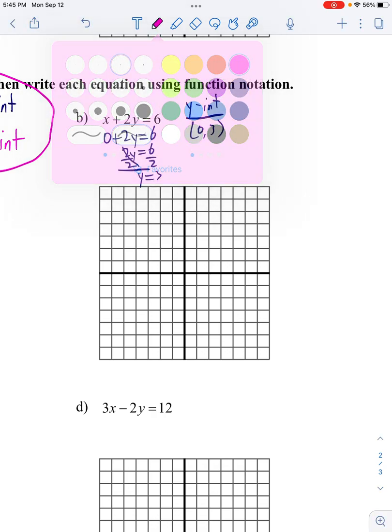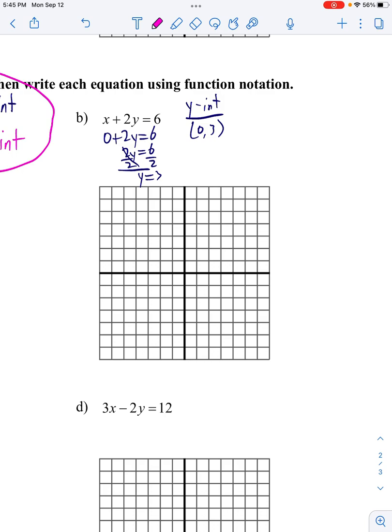Okay, my x-int, I set y equal to 0. So for my x-int, I have x plus 2 times 0 equals 6, or x equals 6, because this just goes away. So 6, 0 for my x-intercept, right?